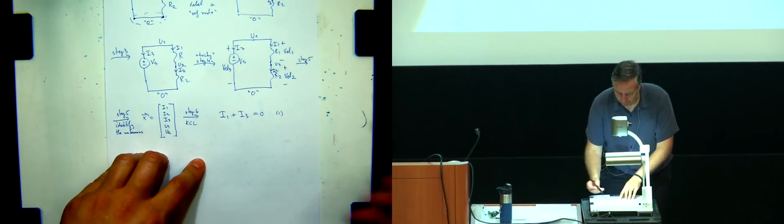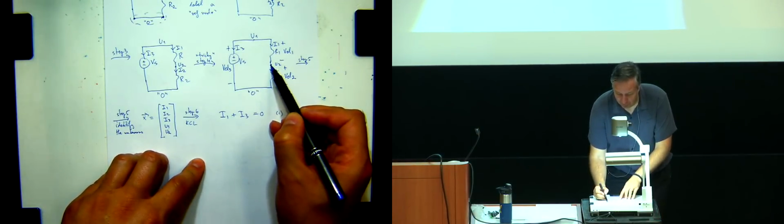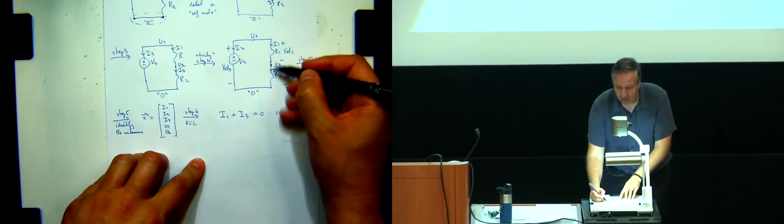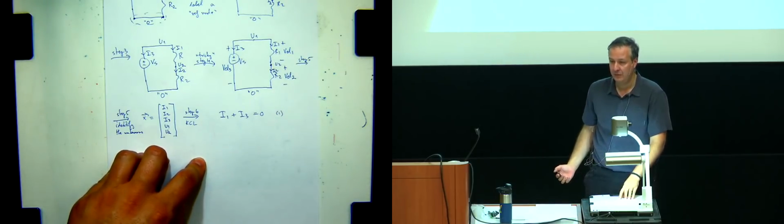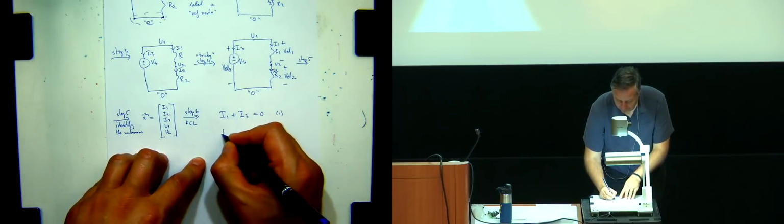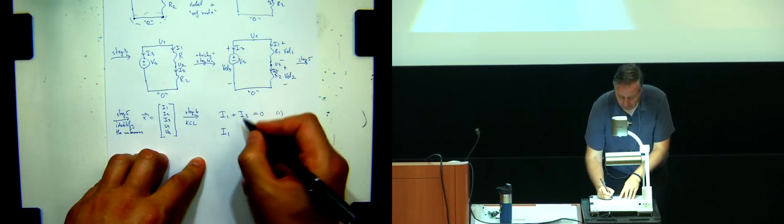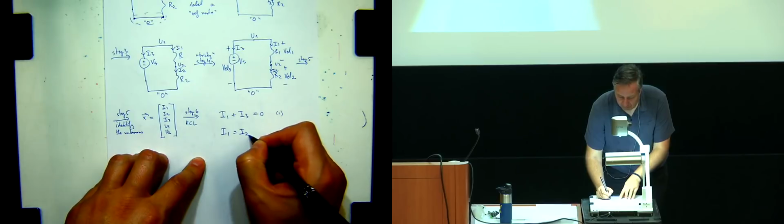Okay. For the next node, that's this one over here, 2, I have one current coming in, one current coming out, right? So that means the current coming in, I1, has to be equal to the current coming out.